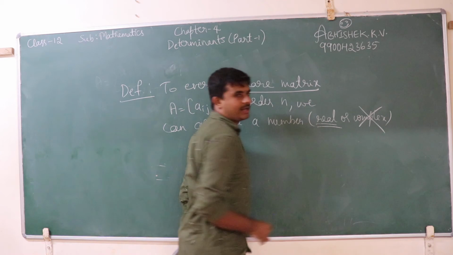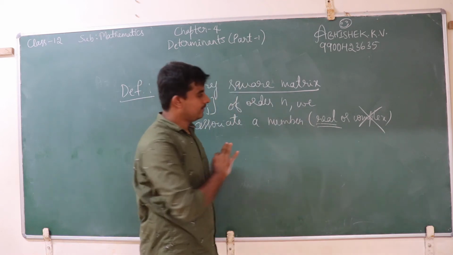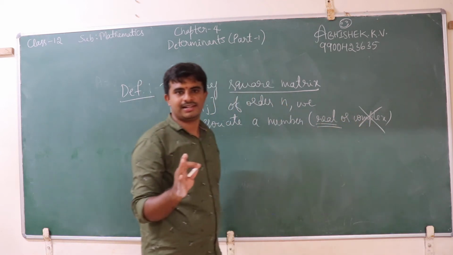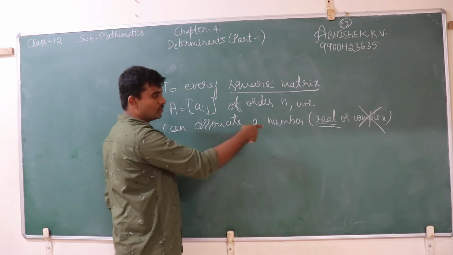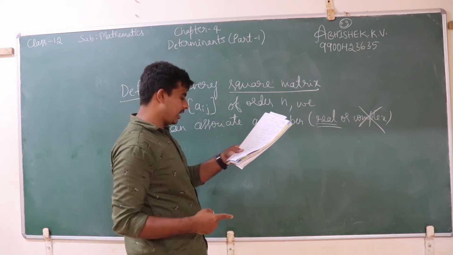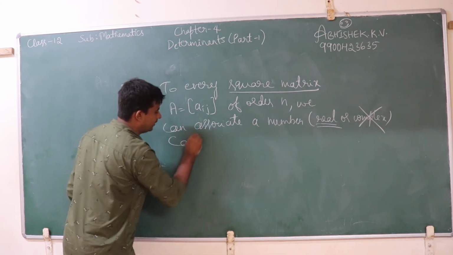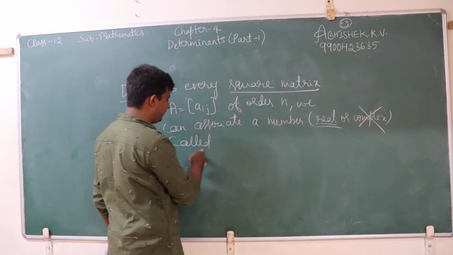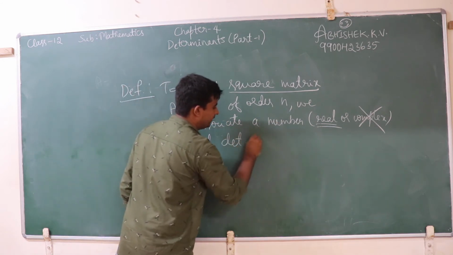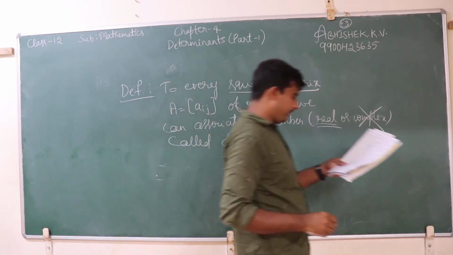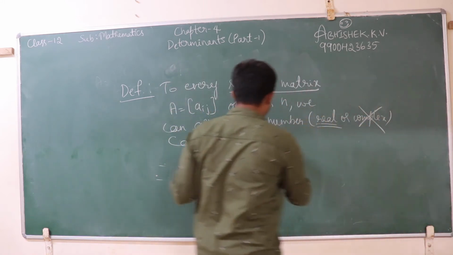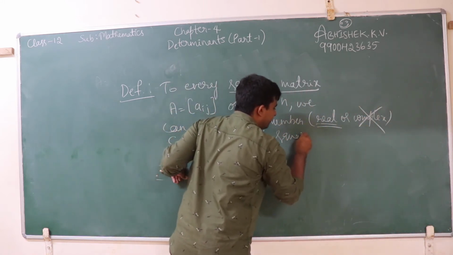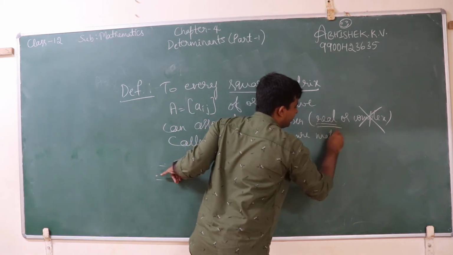So determinant is not applicable for complex numbers in your syllabus. It can be associated with a number, which may be real or complex, and this associated number is called the determinant of the square matrix.